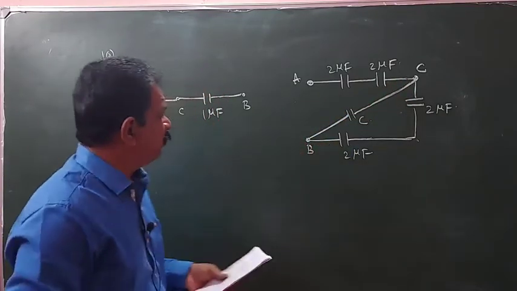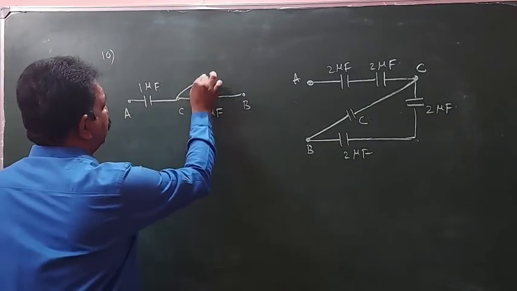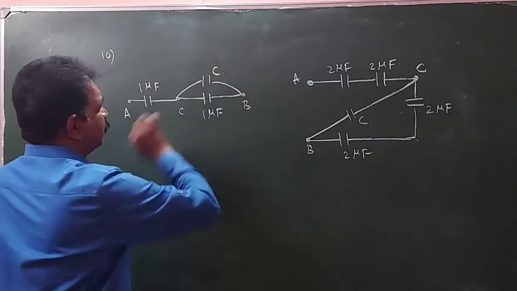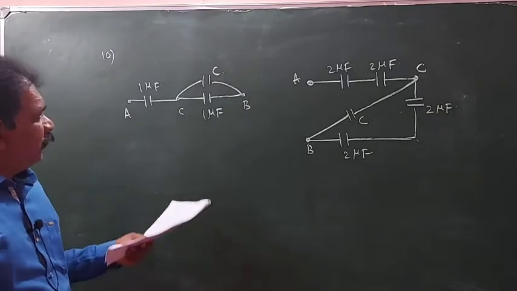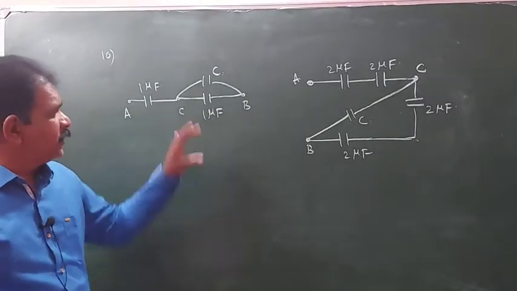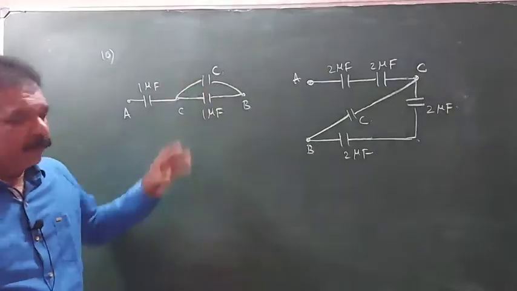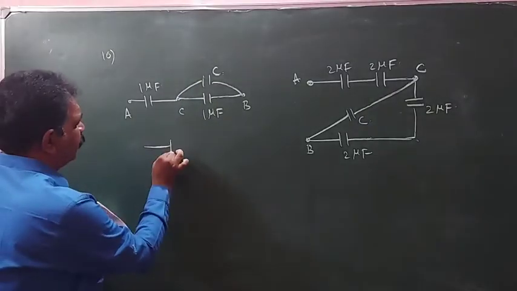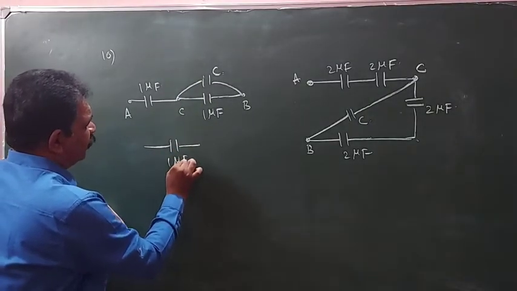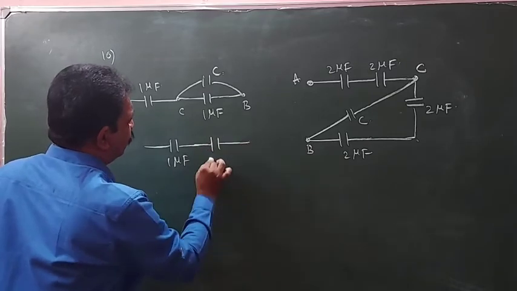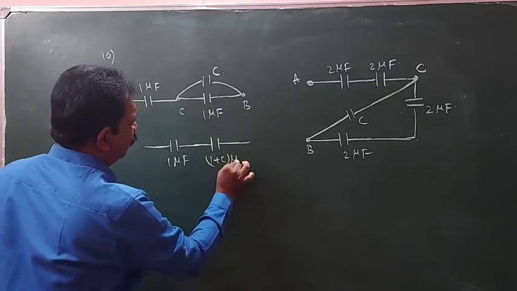C and B, this value will be C. Find the effective capacitance. These two will be in parallel. So here 1 microfarad, here 1 plus C microfarad.